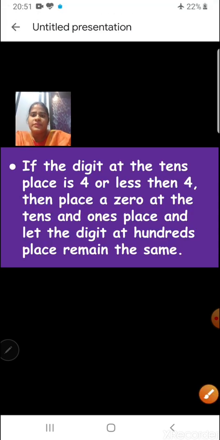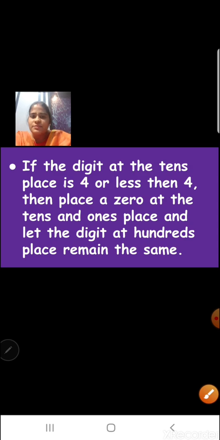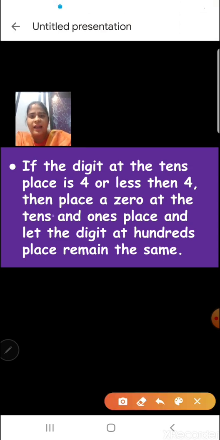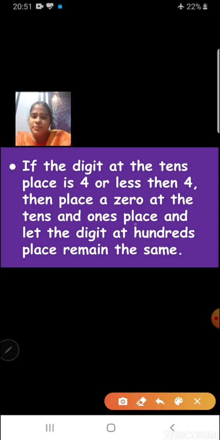Next, if the digit at the tens place is 4 or less than 4, then place a 0 at the tens and ones place and let the digit at the hundreds place remain the same.